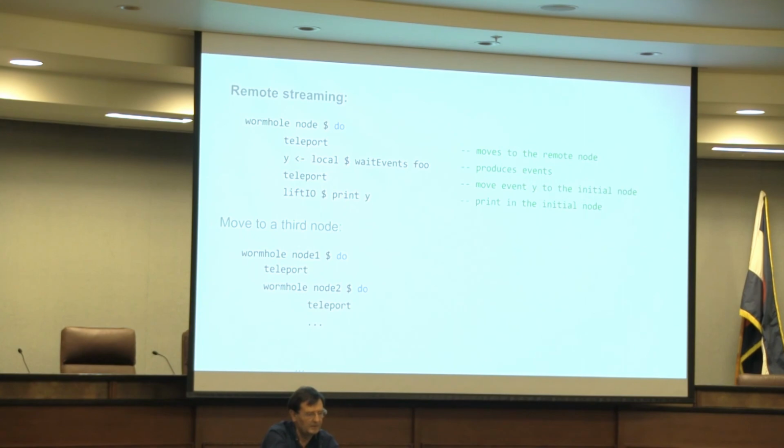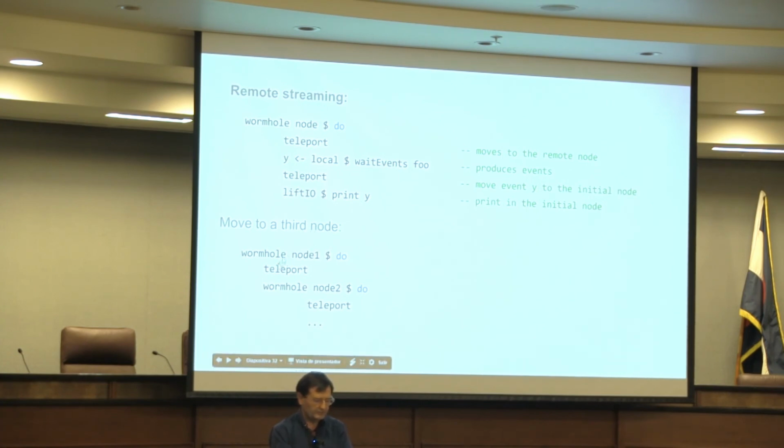We can also stream in the reverse direction. We go to the remote node and install a wait for events here. The wait for events generates in the remote node many outputs that may be forwarded to the local node. So we have remote streaming this way.